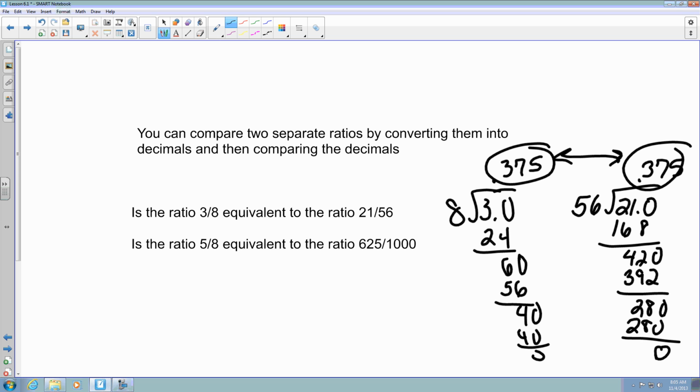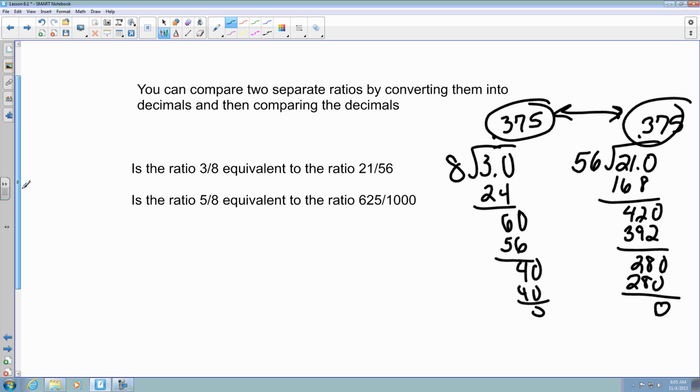You can do it like that, or you can also look at 5/8 and 625 over 1,000. Another way you can do it is I'm going to take 1,000 divided by 8. That's going to give me 125, because 8 times 125 equals 1,000.